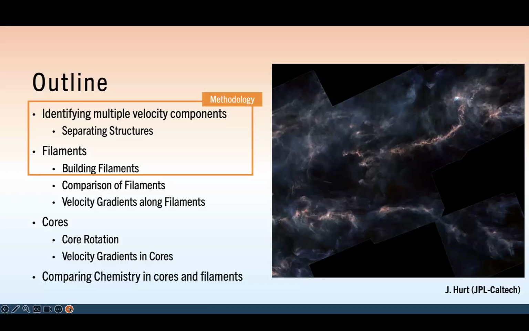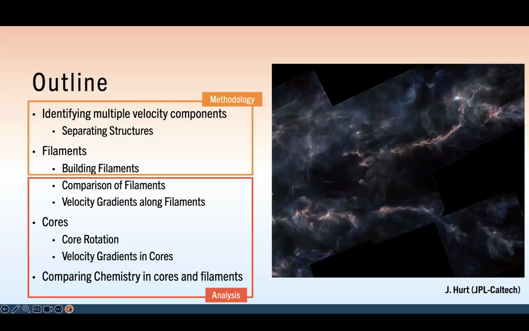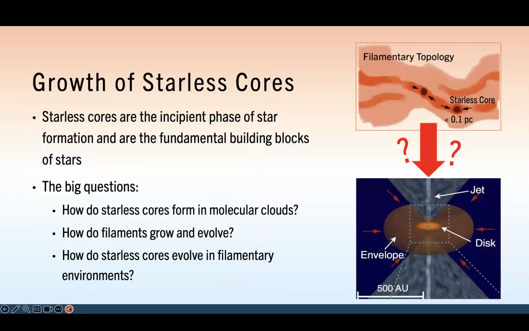So in this talk, it'll be really broken up into two sections. The first one with identifying the structures and filaments will be mostly talking about the methods. And then the second section will be more talking about the analysis that we can get into once we've done these methods.